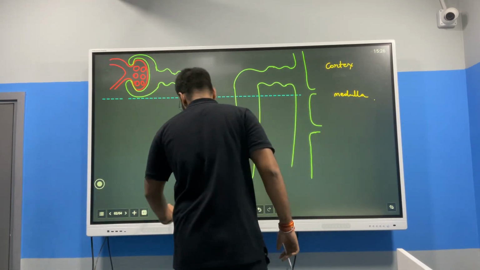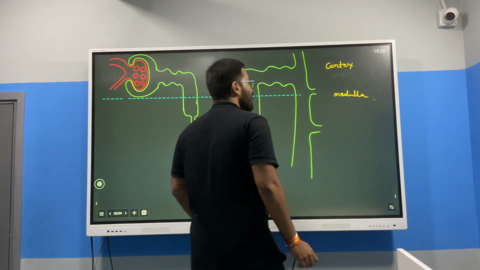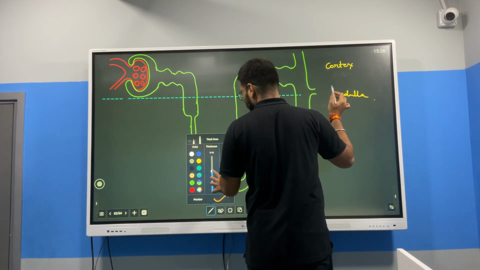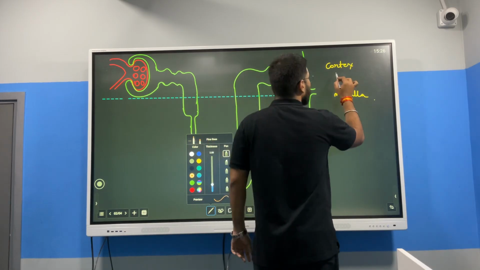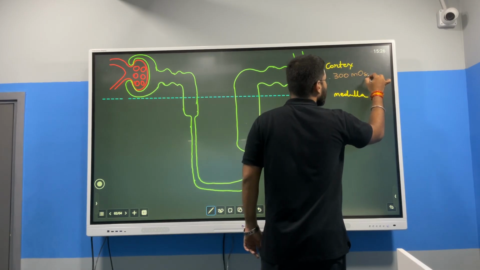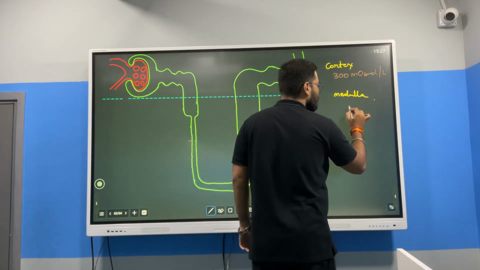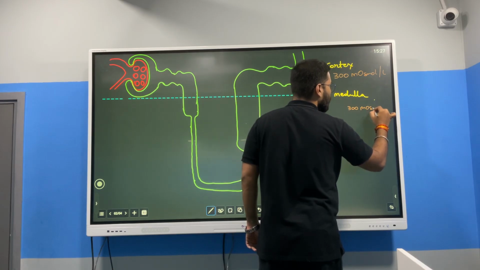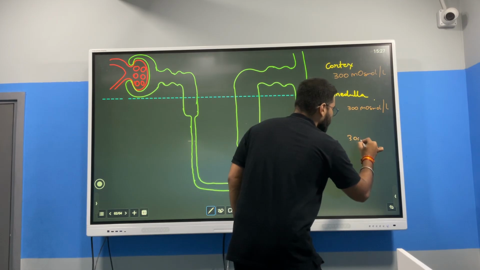Now when we are talking about the cortex, the cortex has a concentration of nearly 300 milliosmol per liter. In the same way, the medulla also has about 300 milliosmol per liter. Same way the inner medulla.